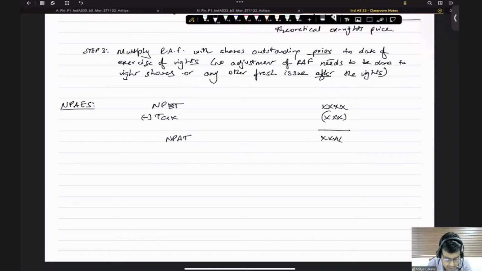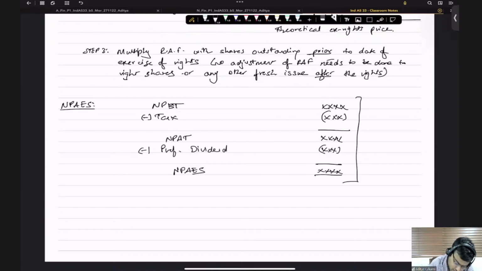Now, from the net profit after tax, ideally, we would deduct something known as preference dividend. This is what you had studied when you did AS 20 to arrive at net profit attributable to equity shareholders. This was the story under IGAAP.